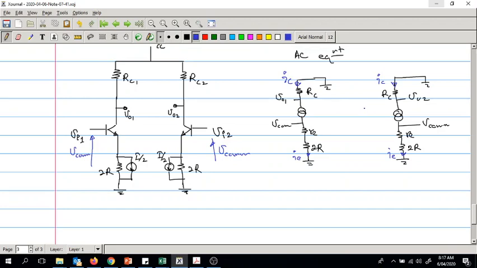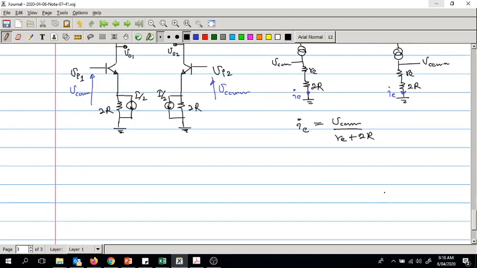Now what is IE? IE in this case, using Ohm's law, is equal to V common divided by RE plus 2R. Also we know from the relationships that IC is equal to alpha IE, which is alpha V common divided by RE plus 2R.